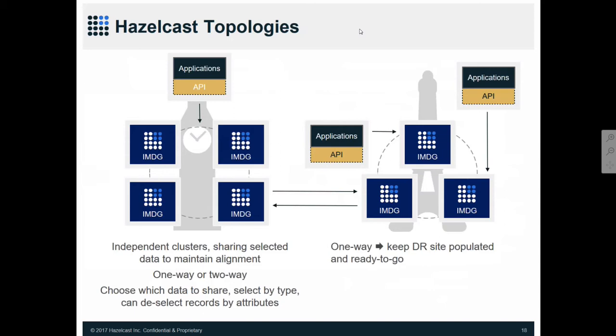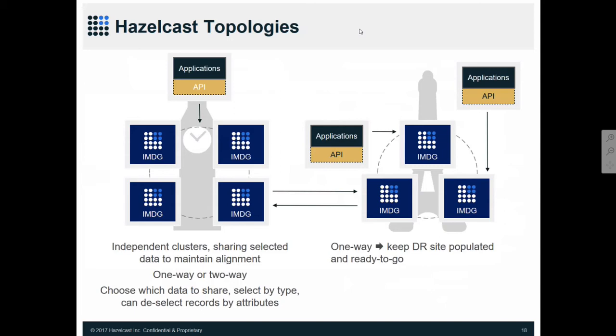So there is one more thing I really want to cover quickly. That is data center replication. You might have multiple data centers, and Hazelcast gives you the option to have two different Hazelcast clusters, and those clusters can work in different ways.